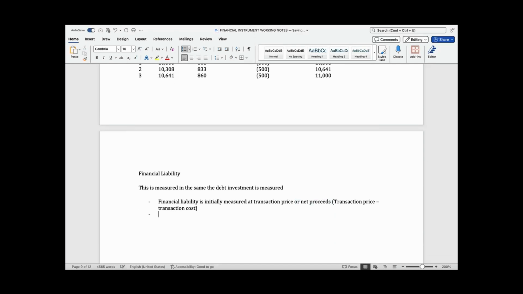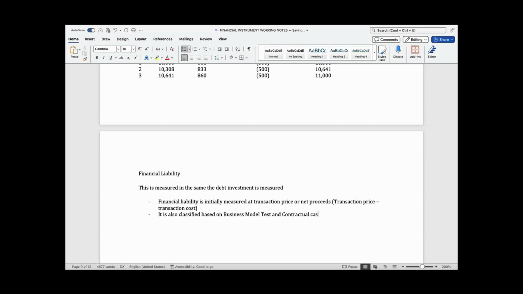Again, it is also classified based on business model tests and contractual cash flow tests that I explained earlier.